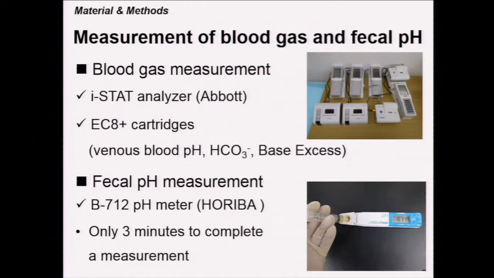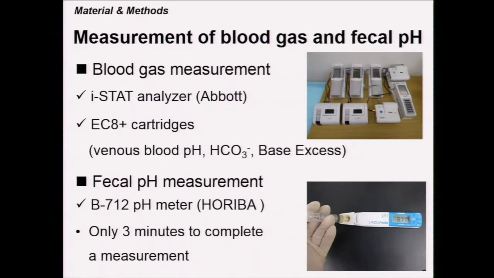Healthy calves were assigned a score of 0 for all parameters, and the blood gas and fecal pH were measured following the protocol. Blood samples were drawn from a jugular vein, and blood pH was measured using an i-STAT analyzer and CG8+ cartridges immediately.